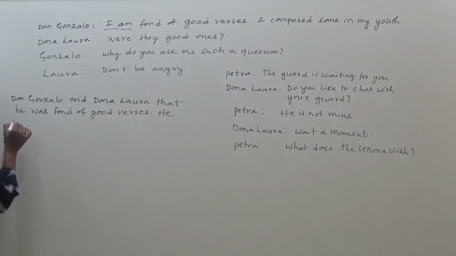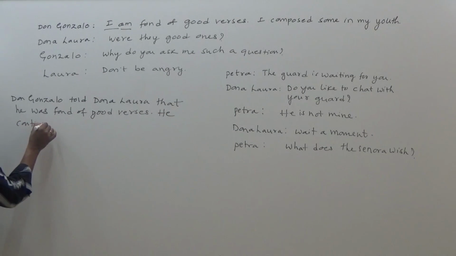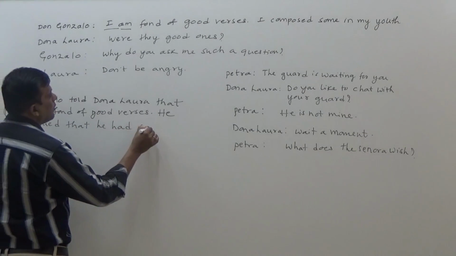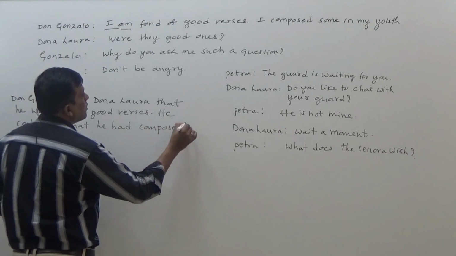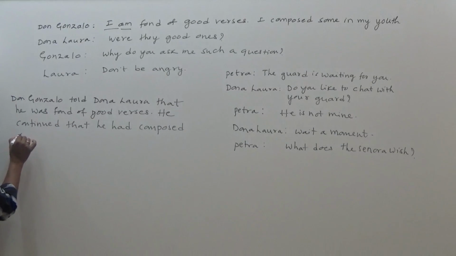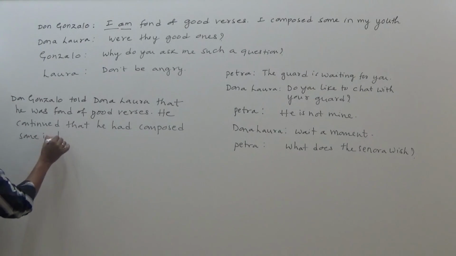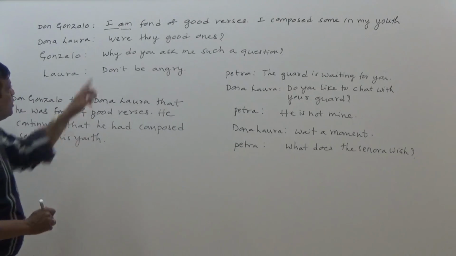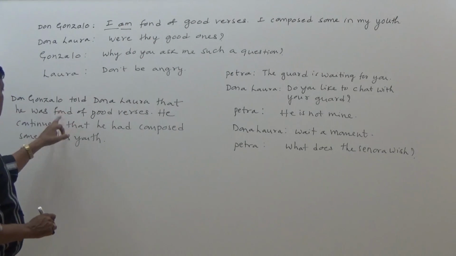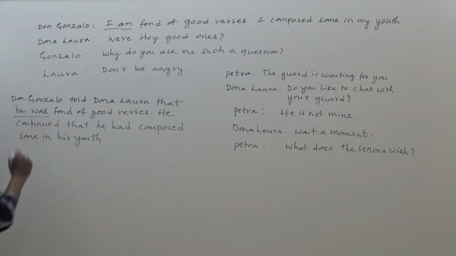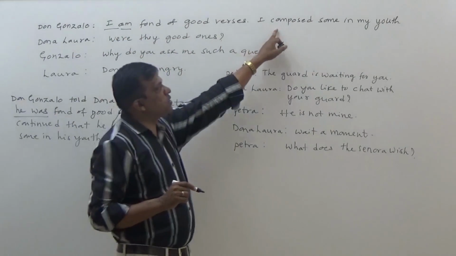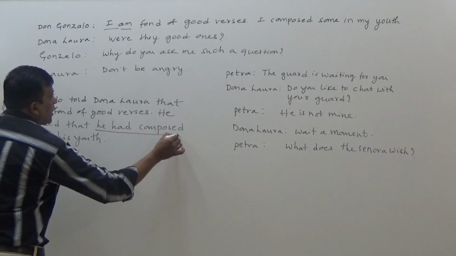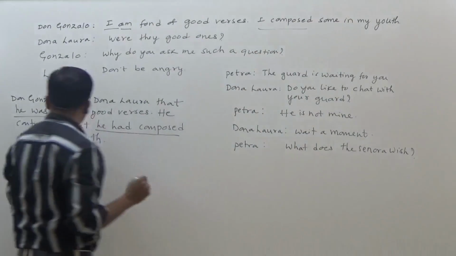He continued that he had composed some in his youth. So I am fond, I am becomes he was. Then I composed, simple past tense becomes past perfect tense. So he had composed. So assertive sentence.